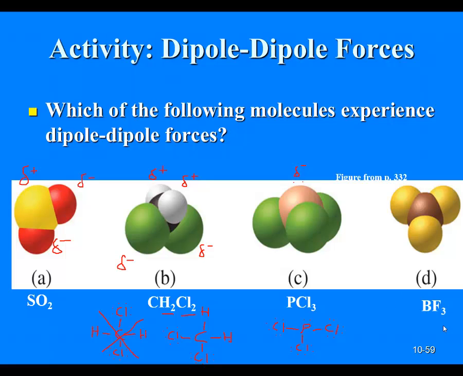Now, if I look at boron trifluoride, boron trifluoride is often breaking the octet rule as we write this, because we end up with the 3 fluorines with all their lone pairs. In fact, let me draw it up here.